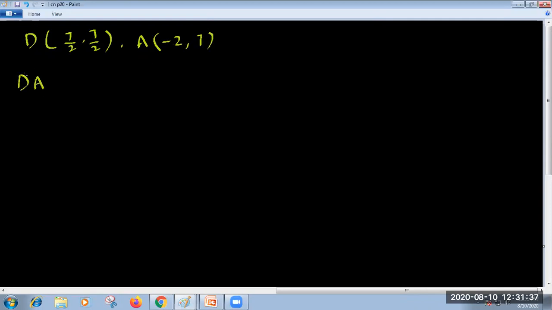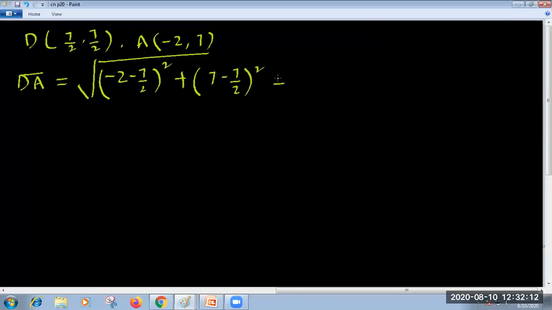Now the distance DA is the square root of (-2 minus 7 by 2), or 7 by 2 plus 2, you can take it either way, x2 minus x1, that is minus 2 minus 7 by 2, plus y2 minus y1, 7 minus 7 by 2, that is minus 11 by 2, and 14 minus 7 is 7 by 2.